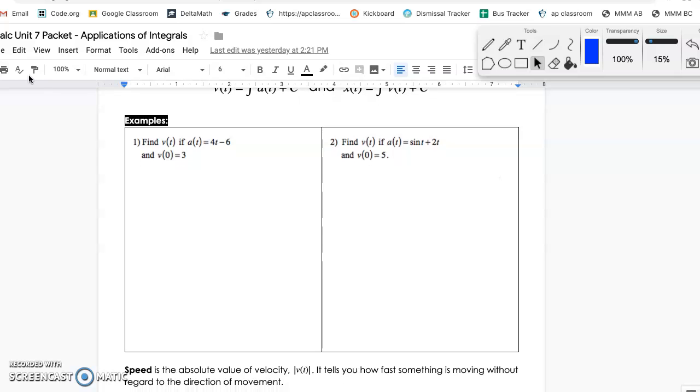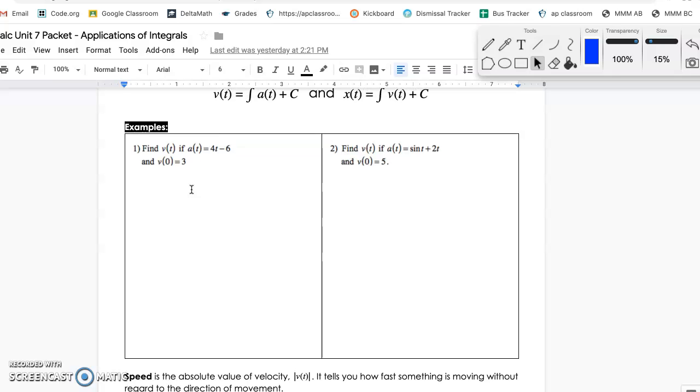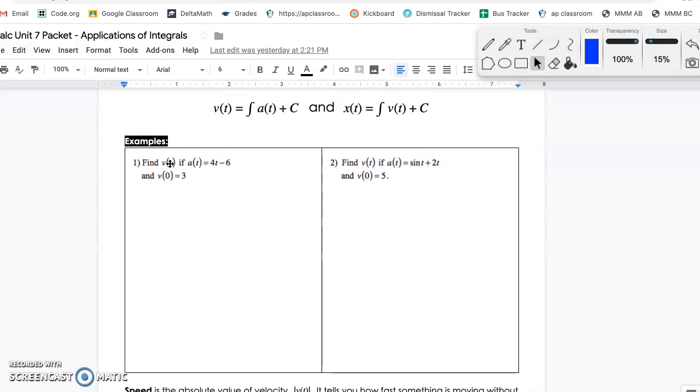So in this first example, it's saying find v of t if a of t equals 4t minus 6, so find velocity if acceleration equals 4t minus 6, and the velocity at time equals 0 equals 3. So we know velocity is the antiderivative of acceleration.